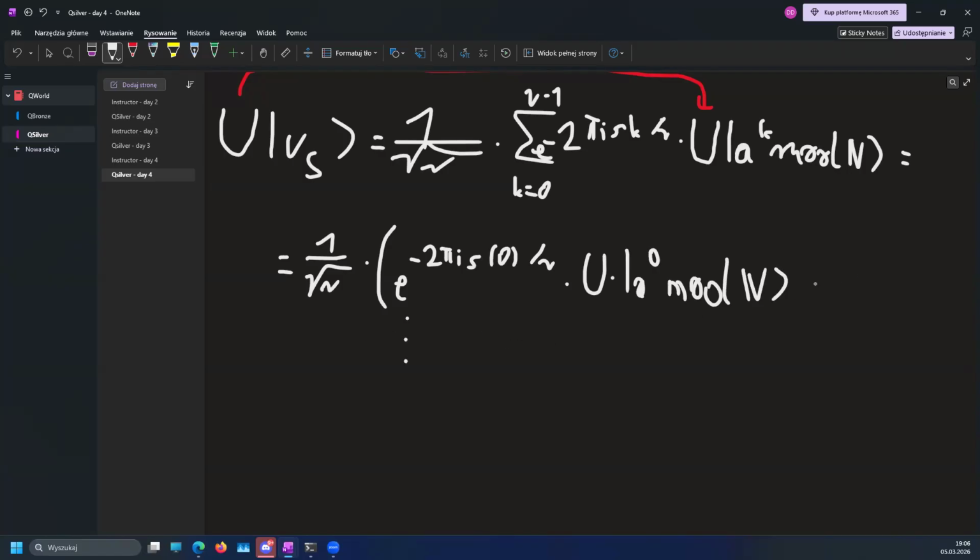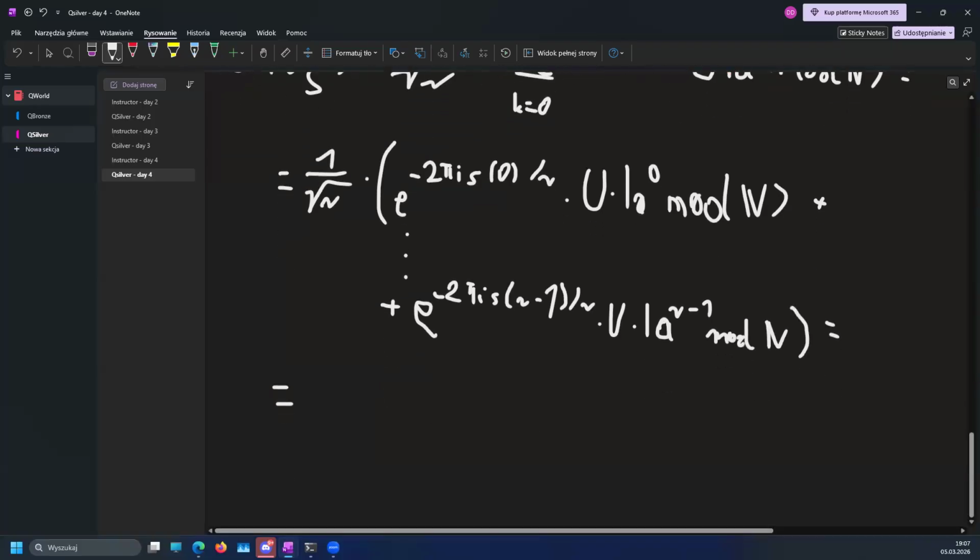And then here we need to expand the sum to the last element, yes. So e to the power of minus 2 pi i s, here it will be r minus 1, I believe, yes, r minus 1 divided by r. Apply the U gate and write this a to the power of r minus 1. Yes, because we have r minus 1.